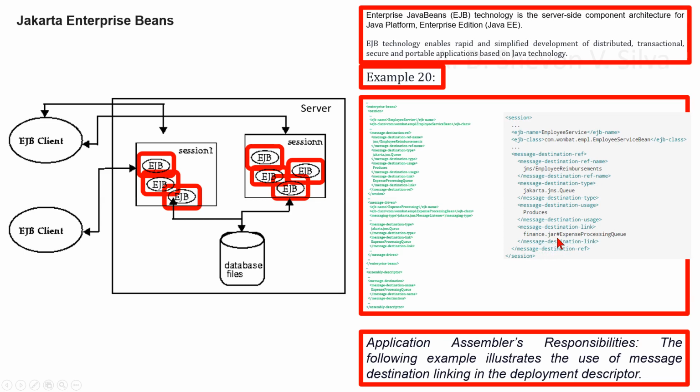The path name is relative to the referencing application component jar file. In this manner, multiple destinations with the same message destination name may be uniquely identified.